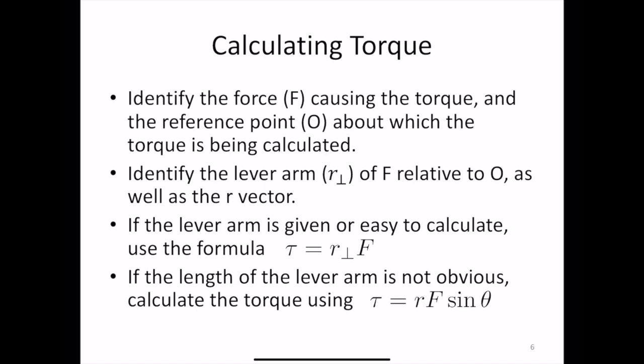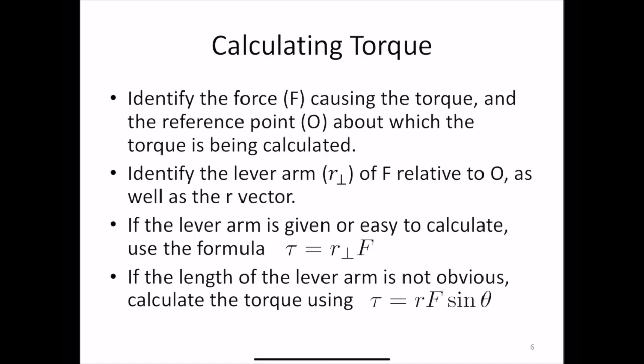We already have a trig-ready formula, which is the formula RF sine theta. So if the lever arm is not given or is not immediately obvious, just switch to the other formula, RF sine theta, to find the torque. Okay, so that's the general strategy that you use to calculate torque.